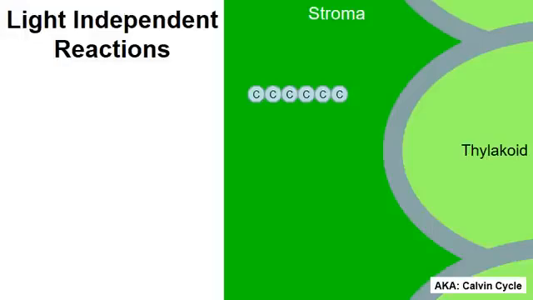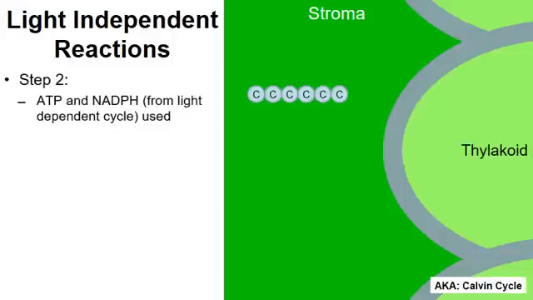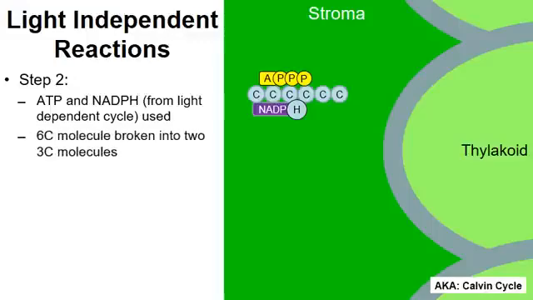The reason this 6-carbon molecule is short-lived is that we finally get to see the importance of ATP and NADPH, which were created during the light-dependent cycle. This 6-carbon molecule is going to be broken down by the energy contained within ATP and NADPH. Enzymes will help to break down ATP and NADPH to release their energy.